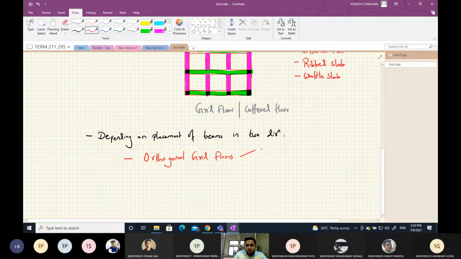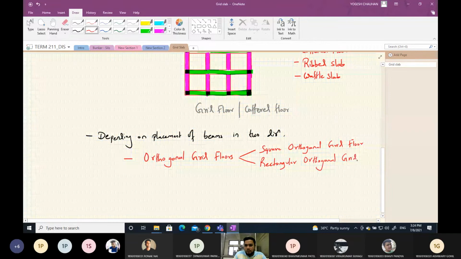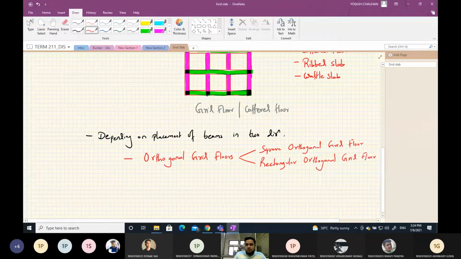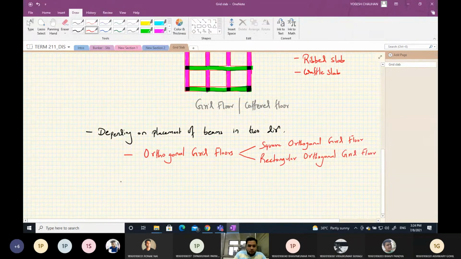Now this can again be a square orthogonal grid floor, or it can be a rectangular orthogonal grid floor, or it can be a diagrid.